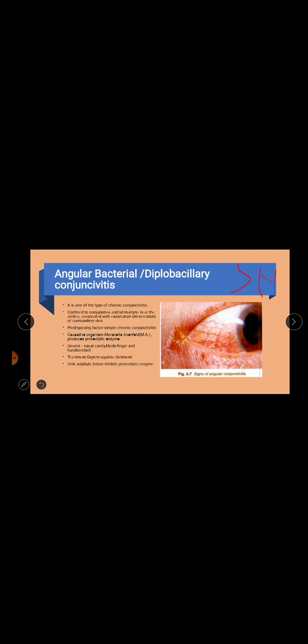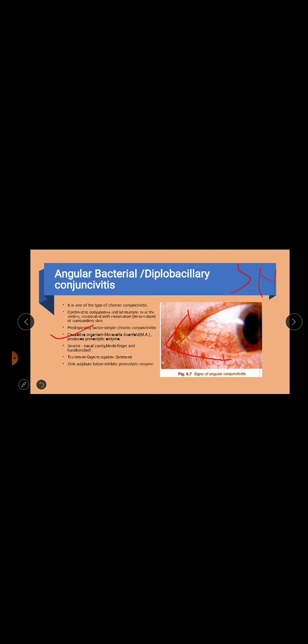Very important topic: angular bacterial or diplobacillary conjunctivitis. This is caused by Moraxella axenfeld, which produces the proteolytic enzyme. Because Moraxella produces the proteolytic enzyme, there is excoriation of the surrounding angular skin.